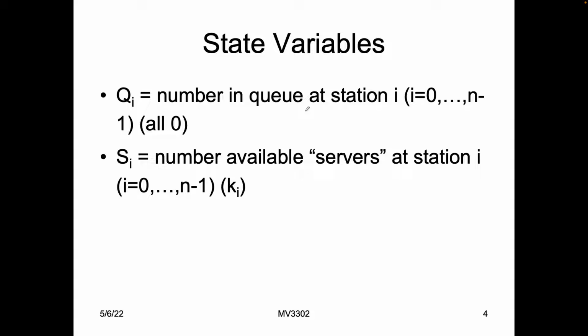If I is 0, and I have an end service event at station 0, this is going to schedule an arrival at station 0. So yeah, we're just going to keep cycling through station 0. So we need to go to the next one. We need to go to I plus 1, because that's the next station.